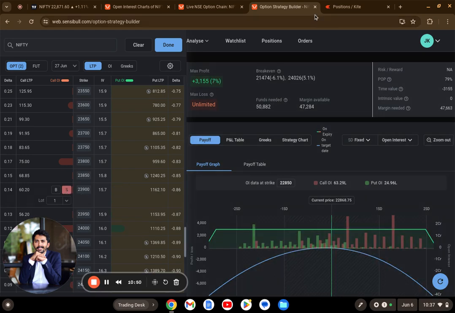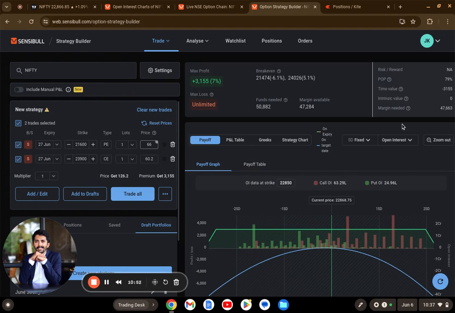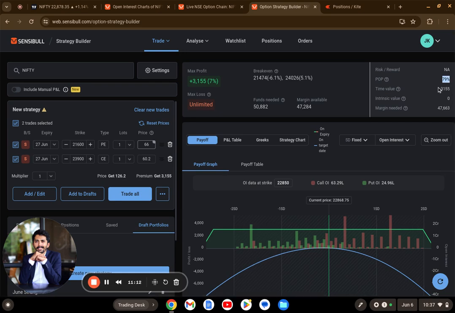I think this looks comparatively safe. If you look over here, the funds needed would be 50,000, and if the market stays inside this band, you'd be making around 3,155, which is close to 7% in a month. The probability of this particular trade is around 79%.